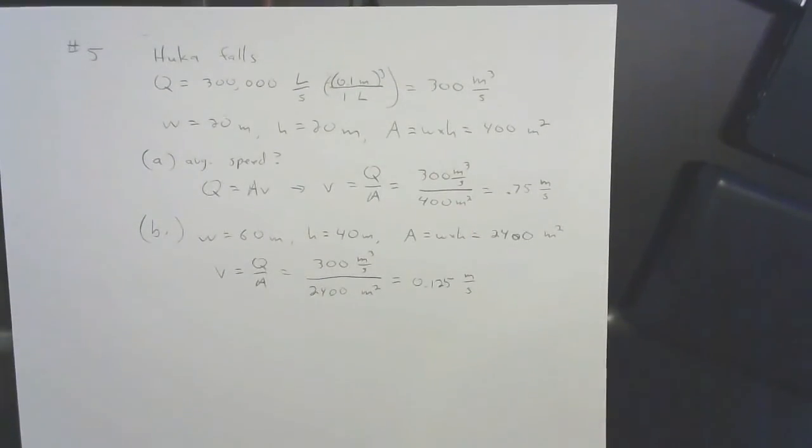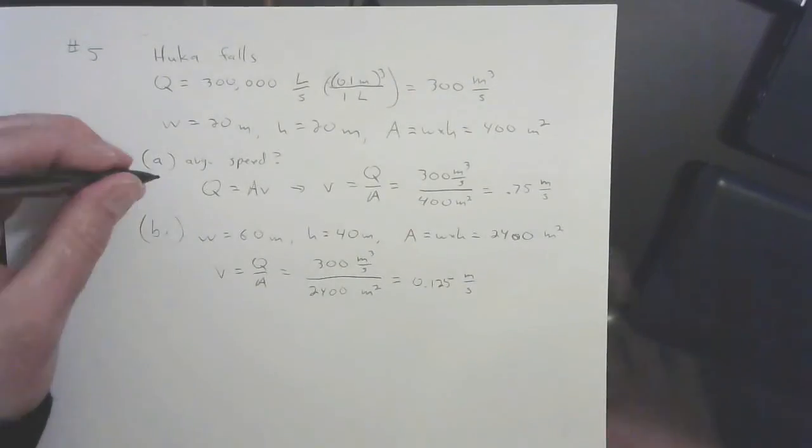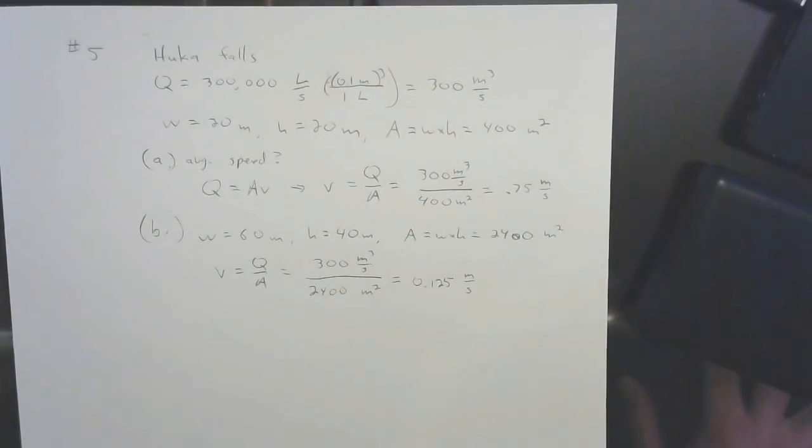So it's slower. Physics works again. Once you get downstream and the river widens out, the velocity of the water moving through that riverbed is lower.